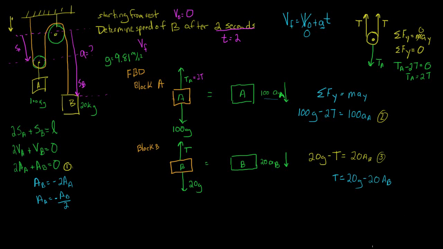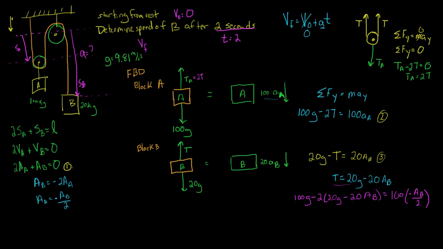When we do that, we get 100g minus 2 times this new expression for T, so 20g minus 20 AB, is equal to 100, and we know that the acceleration of A has this alternate expression with the acceleration of B, so we have minus AB over 2.